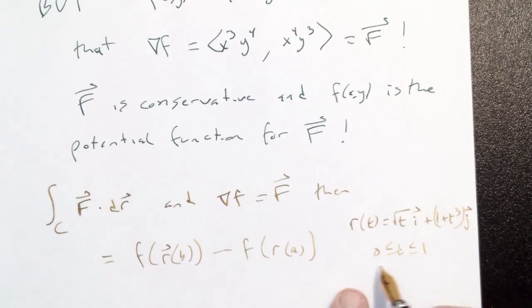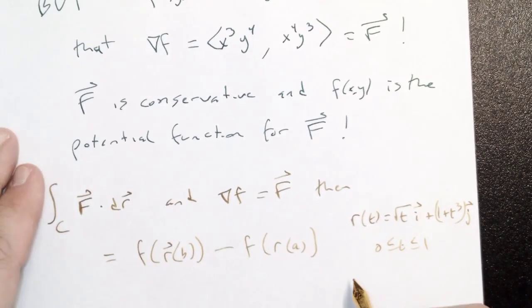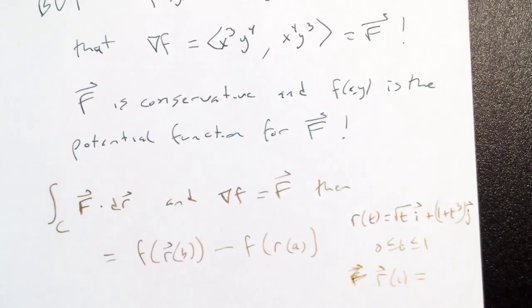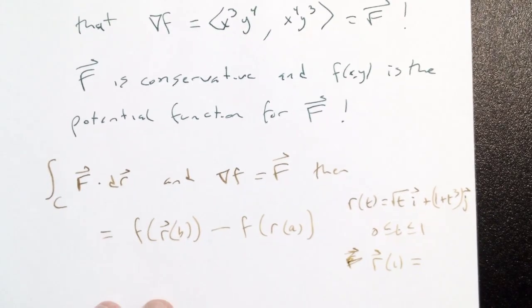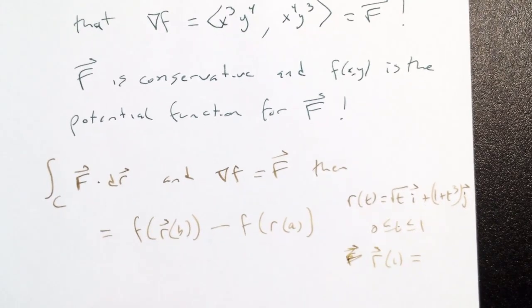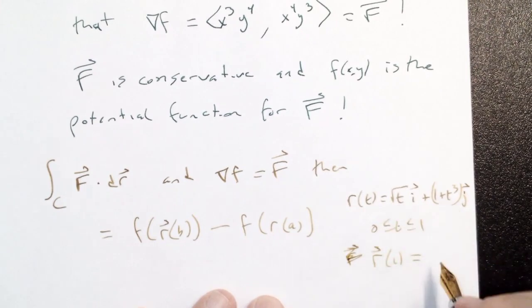I need, that's A, that's B. So I need B. R, not F, R of 1 is... what's r of 0?